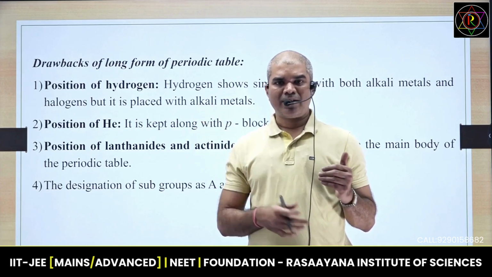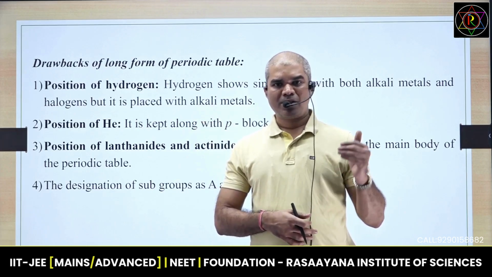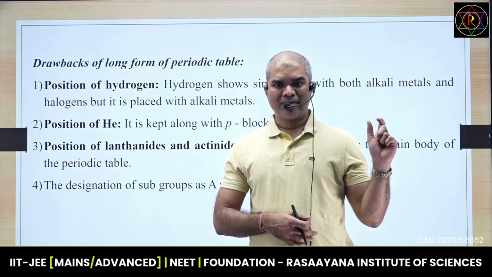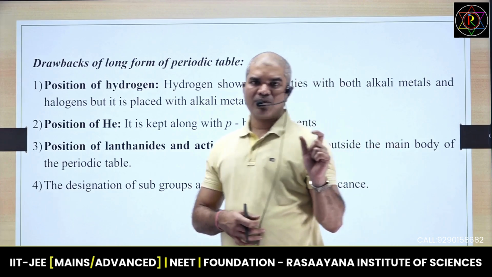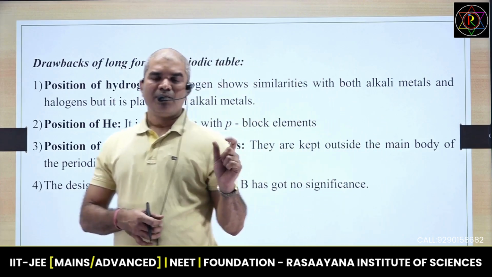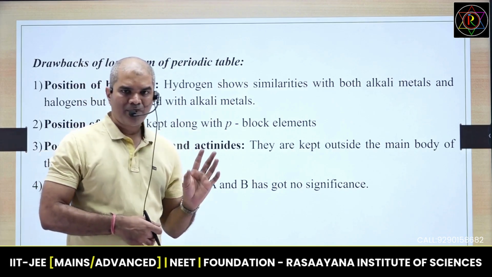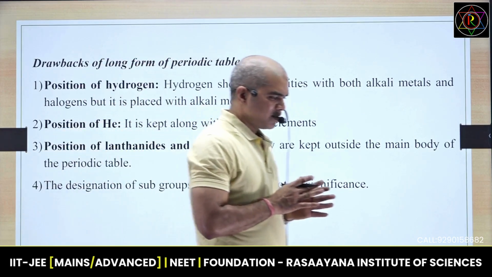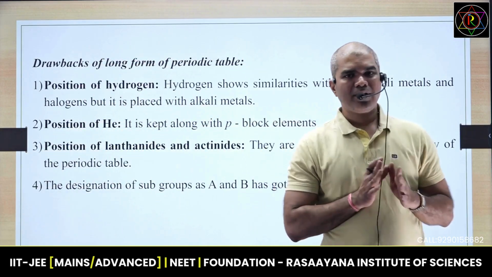That is a drawback, because some scientists argue that it has to be put under halogens because it also behaves like halogens. But anyway, based on its electron configuration 1s1, we have kept it under 1A group. So that is one drawback. Second drawback is, you might be aware of the inert gases.